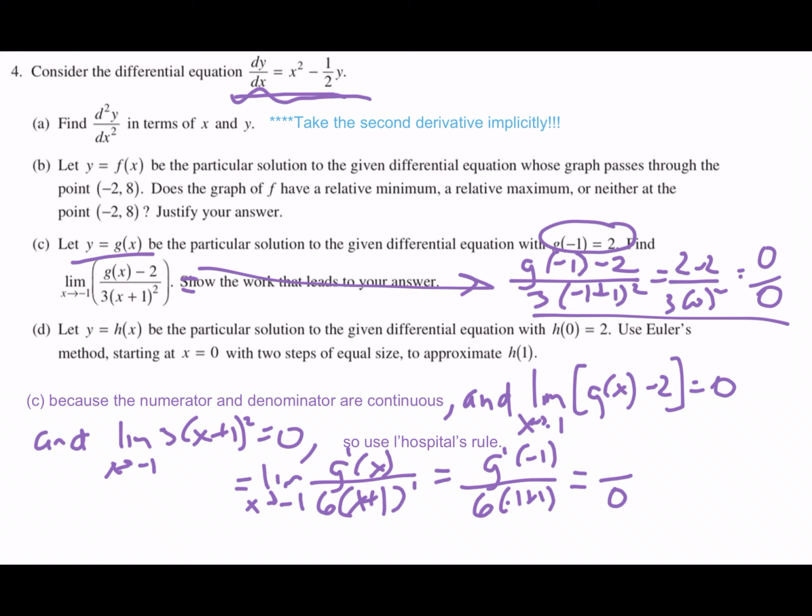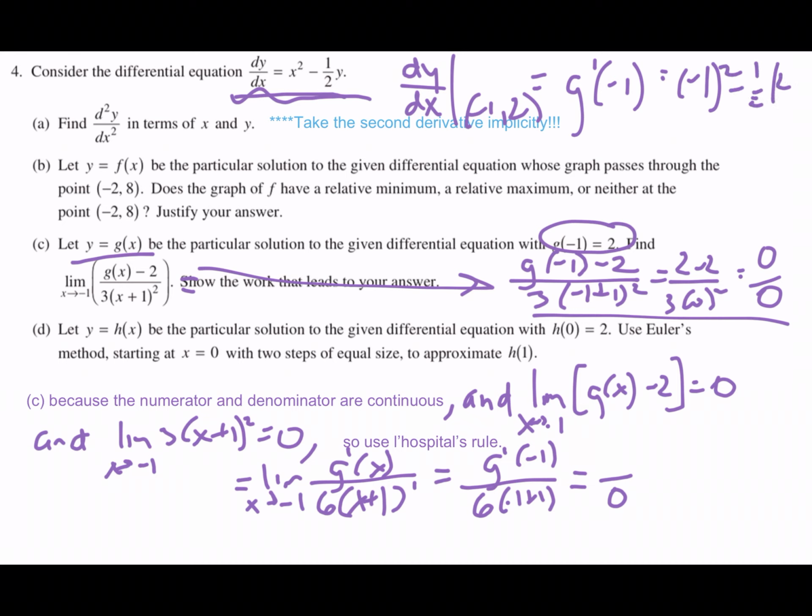So dy dx at -1, 2, that is my g prime of -1. And so I'm going to be doing -1 squared minus 1/2 times my y, so times my 2, and I'm getting a 1 minus a 1, which is a 0. So guess what I get to do? I get to do L'Hopital's again.